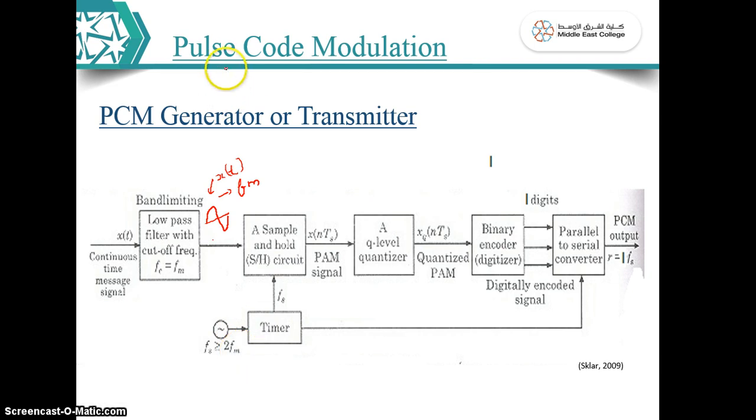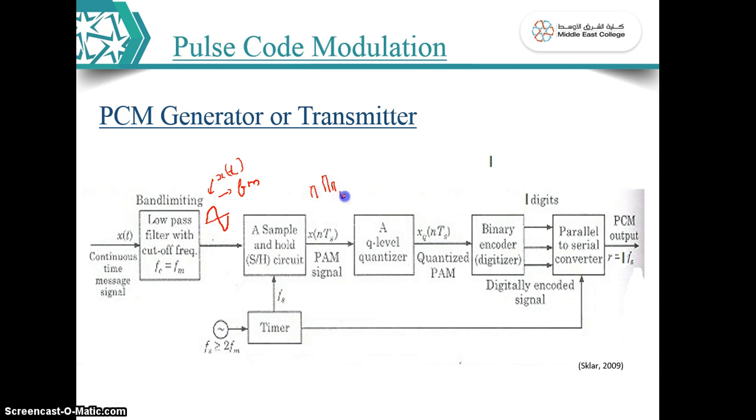The output of the sample and hold circuit is represented as x(nTs). It is just like a PAM signal, because this is your original signal, this one is your x(t). Now I'm going to sample it.